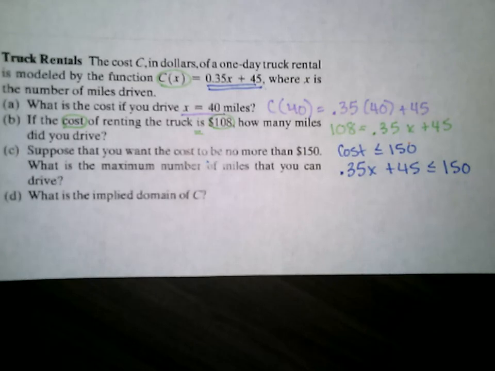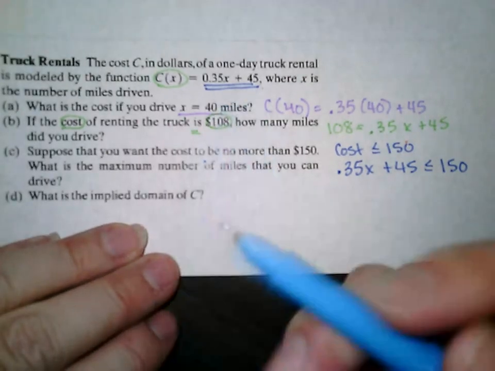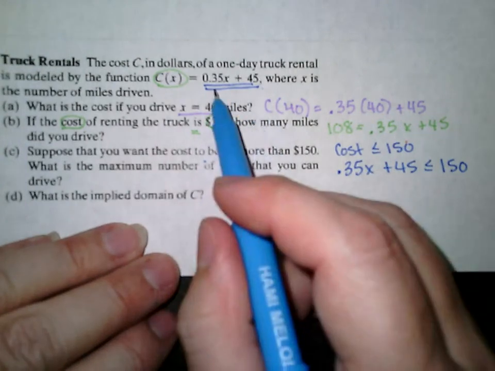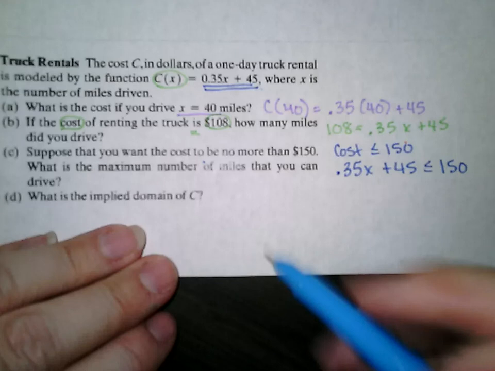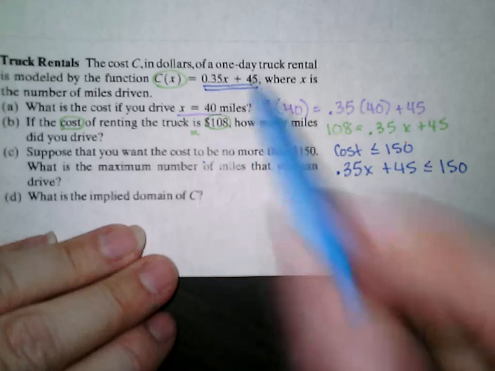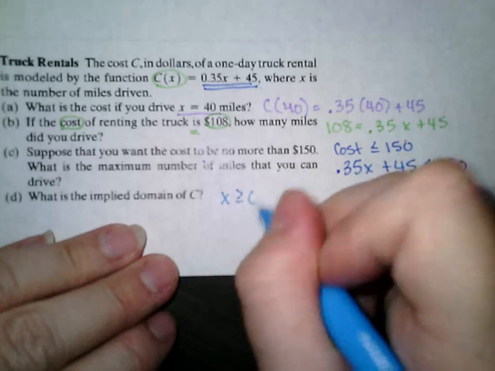Now, implied domain, that one's a little bit more challenging because although the domain for a function that's a line, a linear function, is all real numbers, since x is the number of miles driven and it's for a one-day truck rental, obviously x is going to have to be greater than or equal to 0.